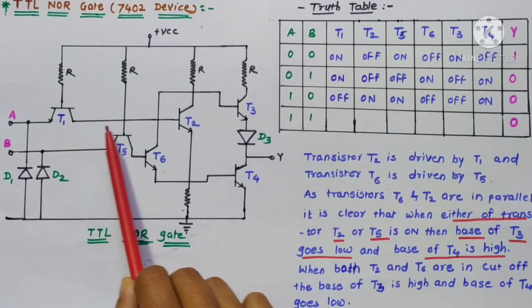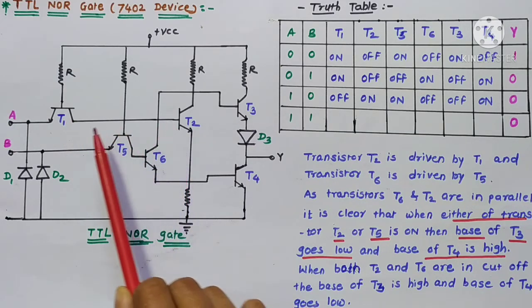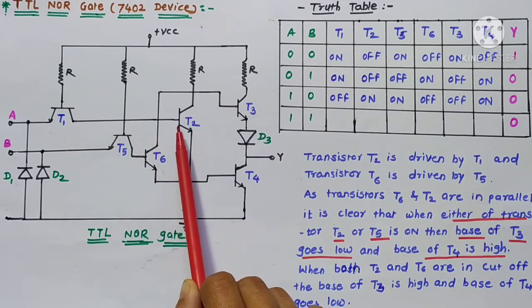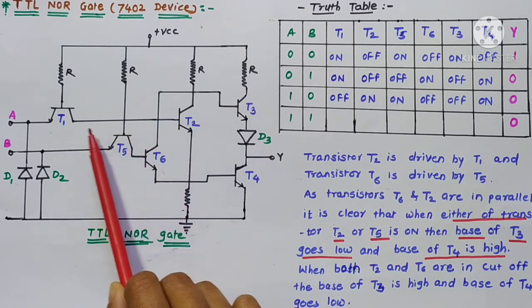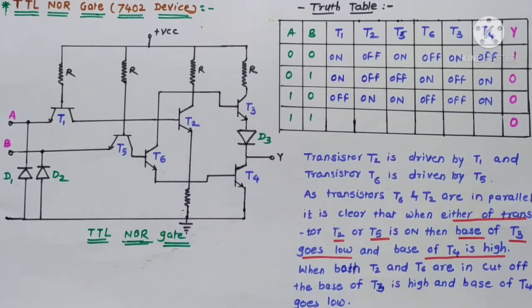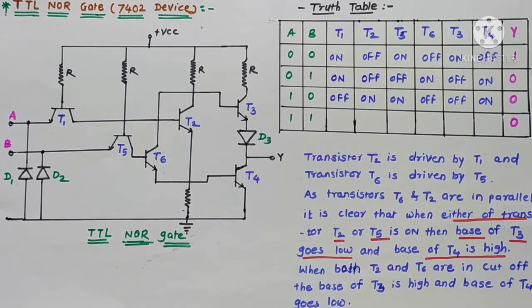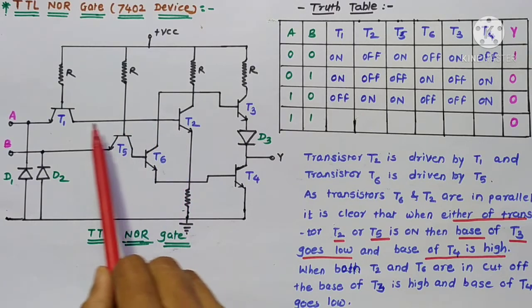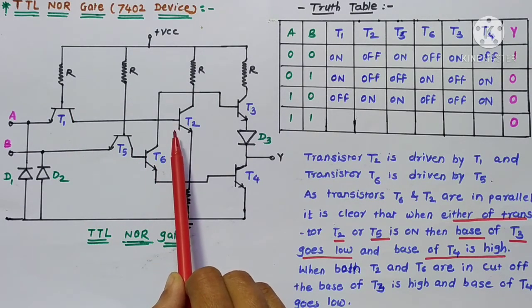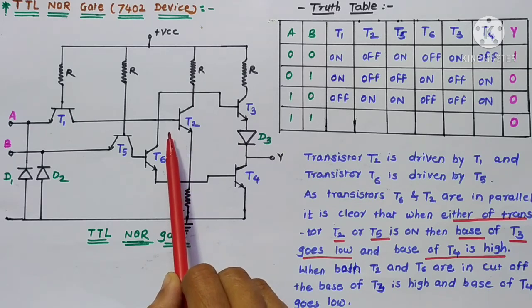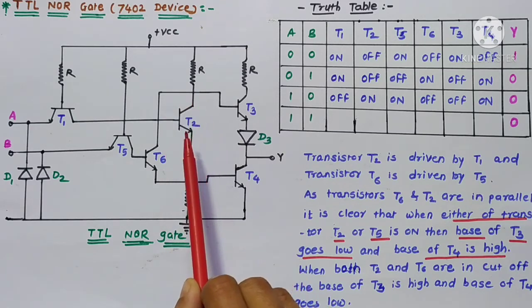Its collector goes to high, so the collector of T1 is high, and it will make the base of T2 high. As the base of T2 is high, it will make transistor T2 on.